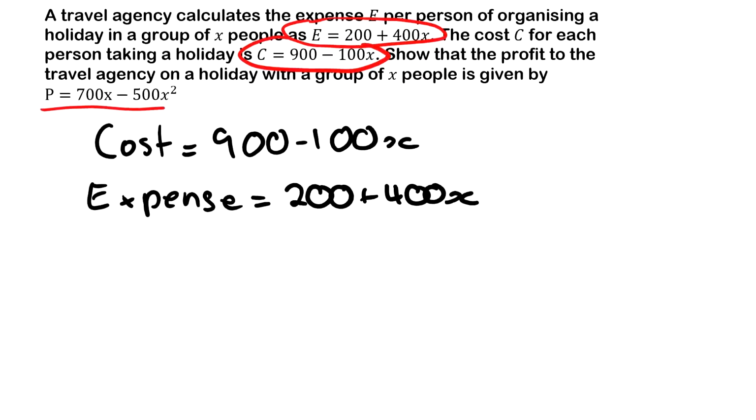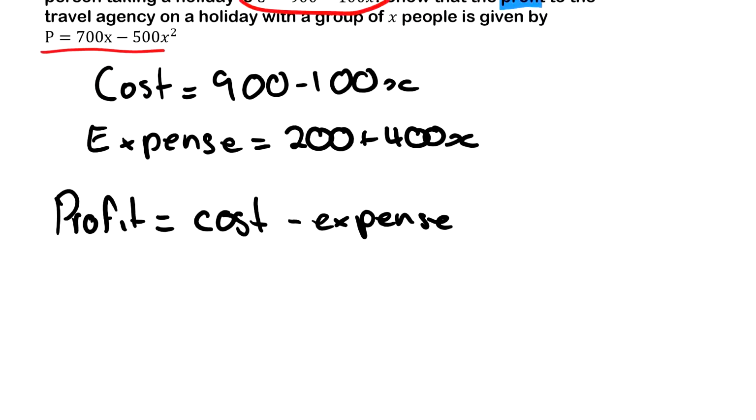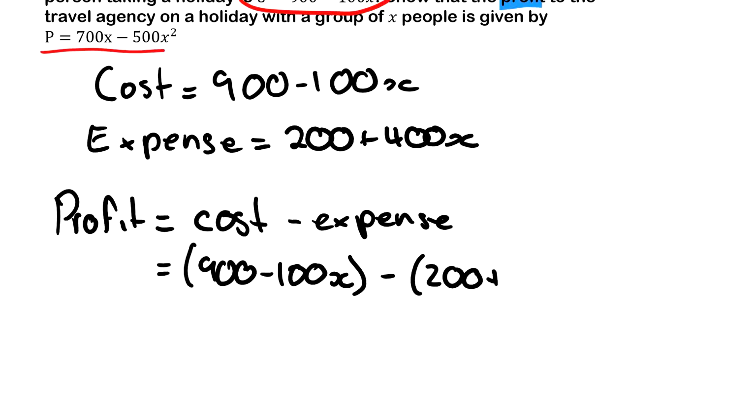Now we are talking about profit here. Profit, if you don't know, is the cost that you make minus the expenses. So in this case, we're going to have 900 minus 100x minus 200 plus 400x.